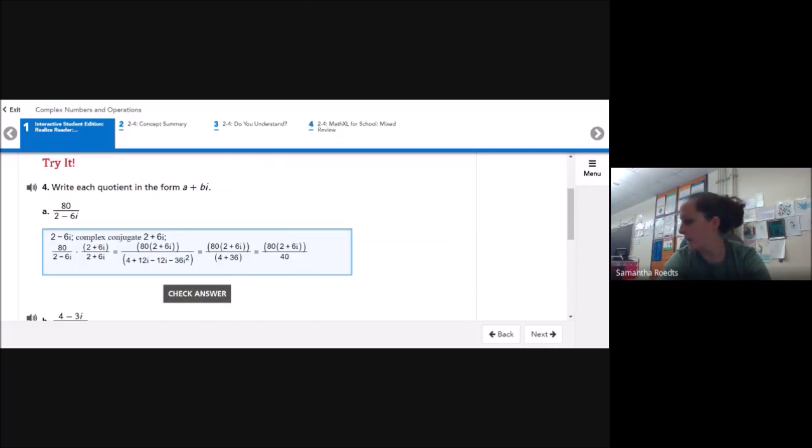So 80 over 40 simplifies. 80 divided by 40 is 2. So I get 2 times 2 plus 6i. This equals 4 plus 12i.